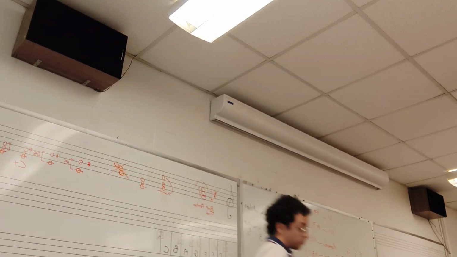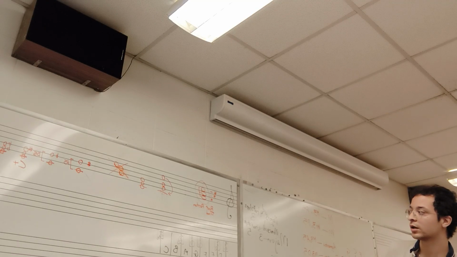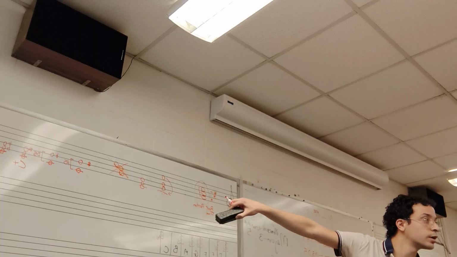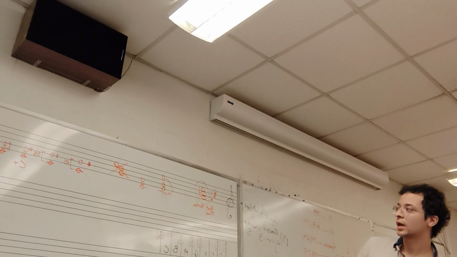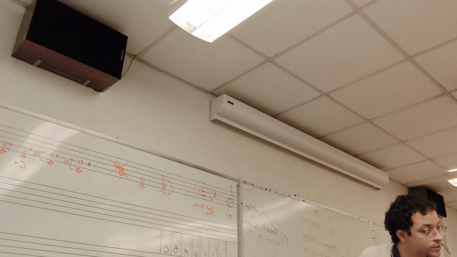Let's do the minor, well, diminished. So this is C to E. I'm going to flat the E, and you feel free to try this in your melodic if you want, or just follow along. So C, I'm going to go to E, I'm going to flat it. That's the minor third. And I'm going to go from C to G, and I'm going to flat the G as well.